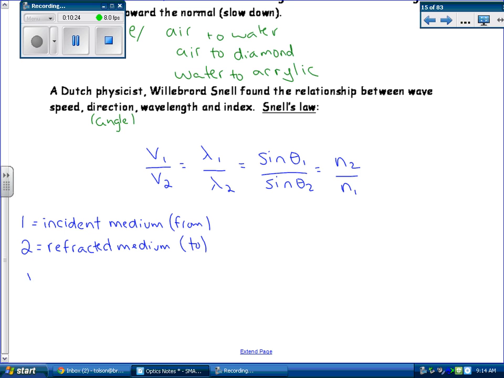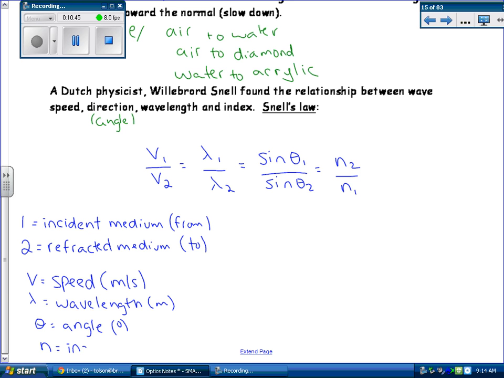Then v, of course, is speed in meters per second, lambda is wavelength in meters, theta is the angle in degrees, and n is the index of refraction.